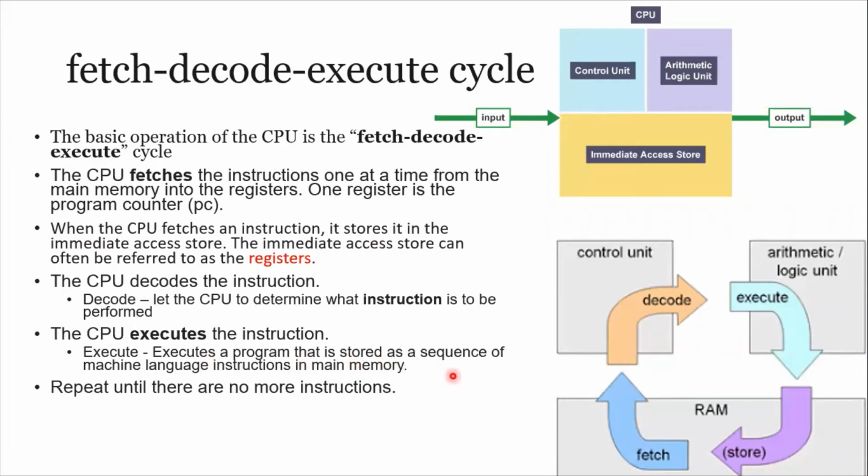Machine language is again ones and zeros, and it repeats until there's no instruction. So this is a very simple process. The first time, sometimes a lot of students get stuck. So you can go through it again and again and understand a little bit further. In the common scenario, you might never touch these components, but you should have some understanding of the fetch, decode, and execute cycle, right?